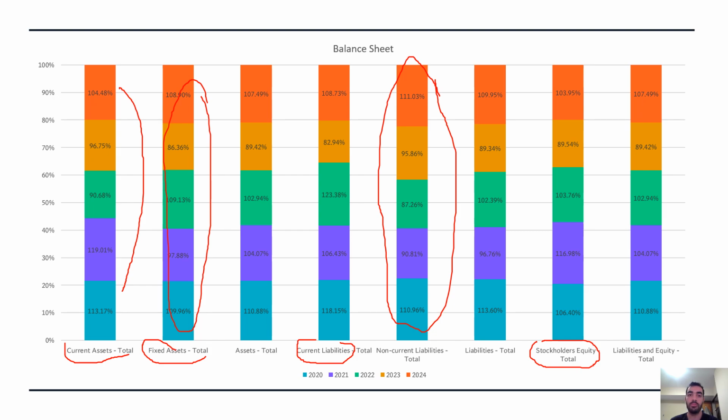Overall, there is a stable financial structure: the relative proportions of assets, liabilities, and equity have remained consistent from 2020 to 2024. As we saw, fixed assets are a focal point; they dominate the asset base, emphasizing long-term investments.